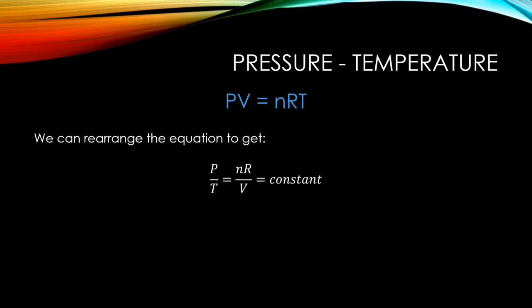We can also look at the relationship between pressure and temperature by rearranging the equation, and we end up with something very similar to the volume temperature relationship. We get pressure divided by temperature is equal to nR over V. If we hold volume constant and we hold the number of moles constant, then pressure and temperature are directly related.